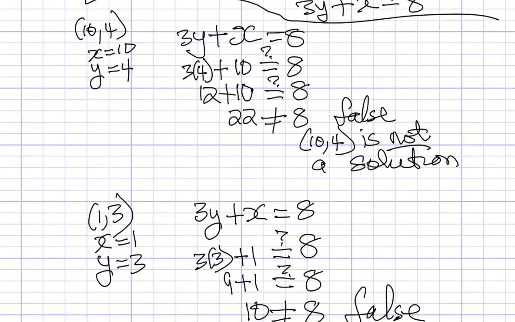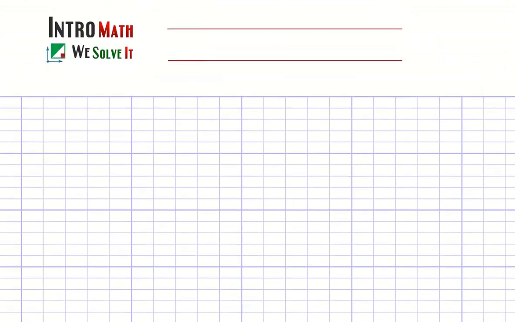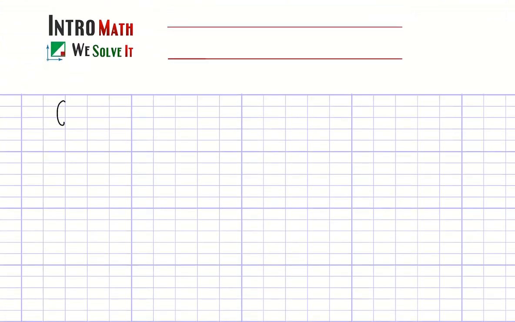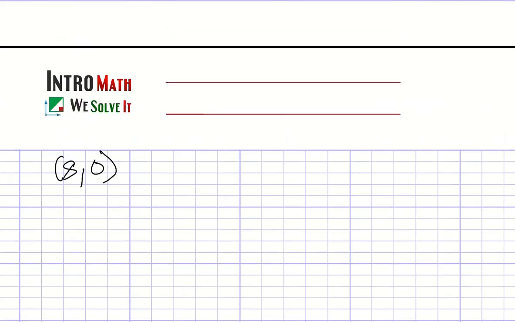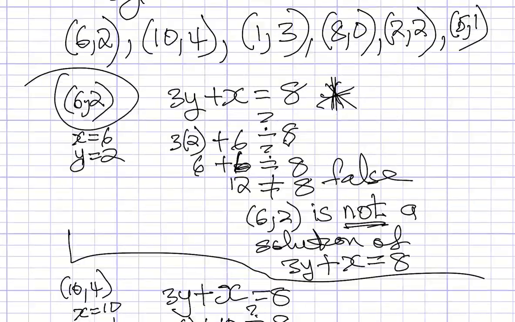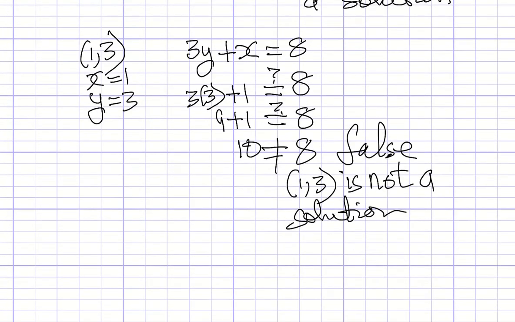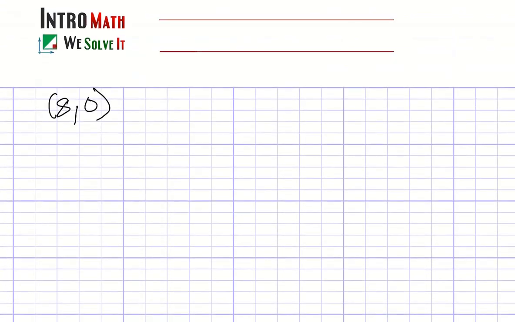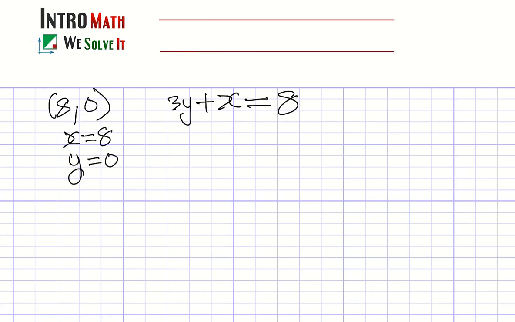All right, so what is the next one? The next one given is (8, 0). And the equation given is 3y plus x equals 8, right? We'll substitute the values x equals 8, y equals 0. We'll get 3 times 0 plus 8, is it equal to 8?